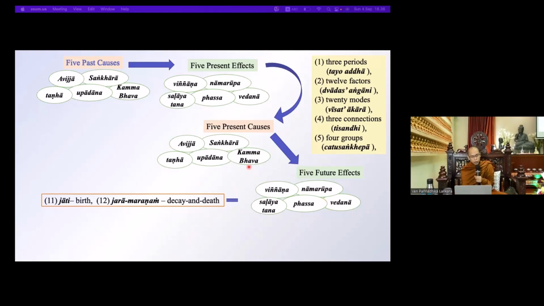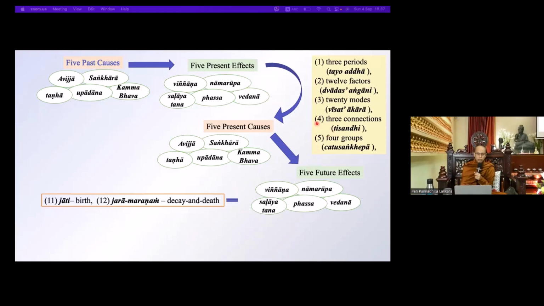So in this way, we can see the three periods: past, present, and future, and also their connection. So it's called the three connections. So past cause to present effect to present cause to future effect.